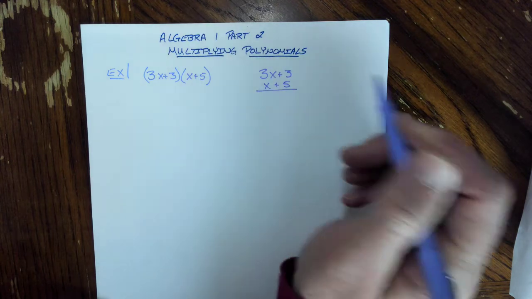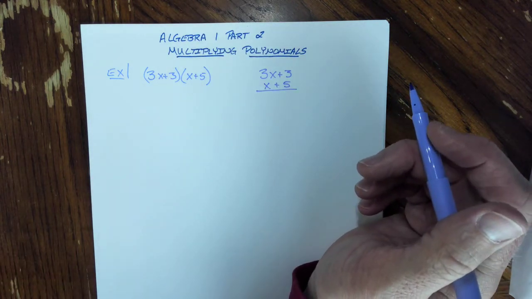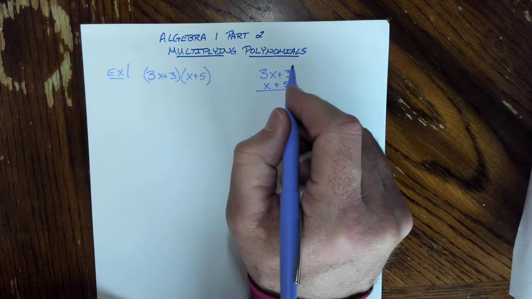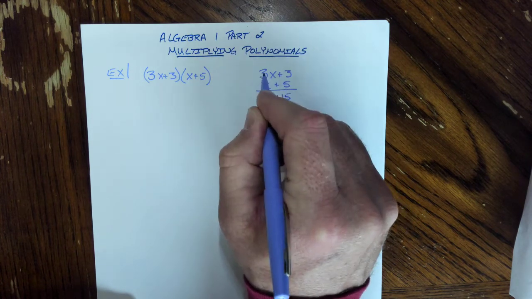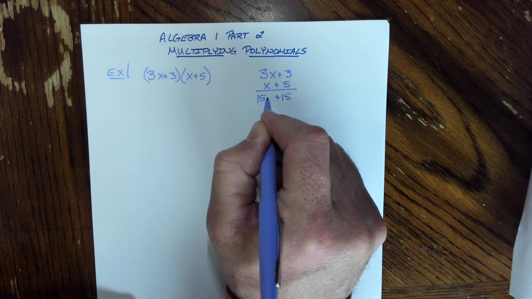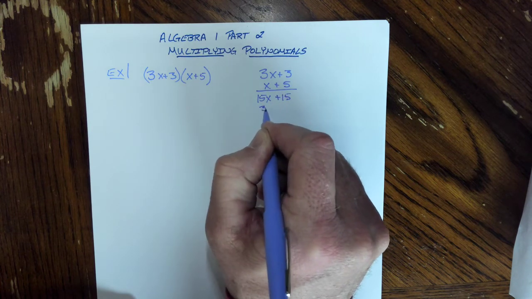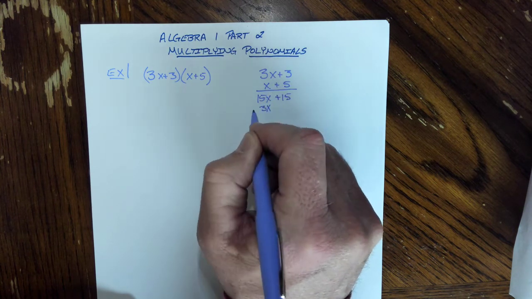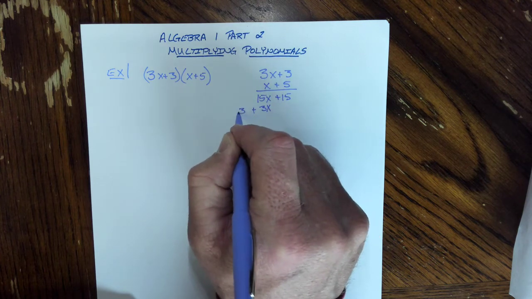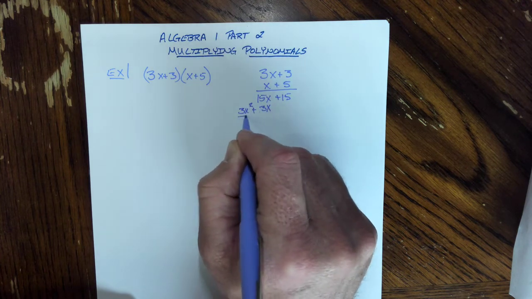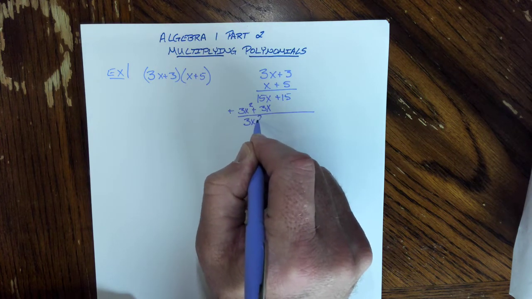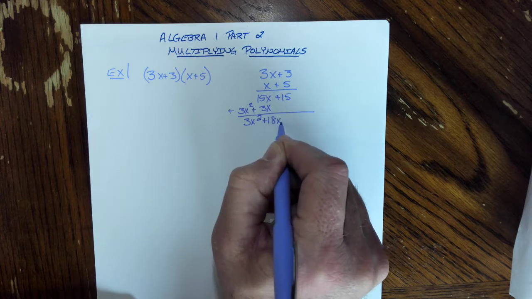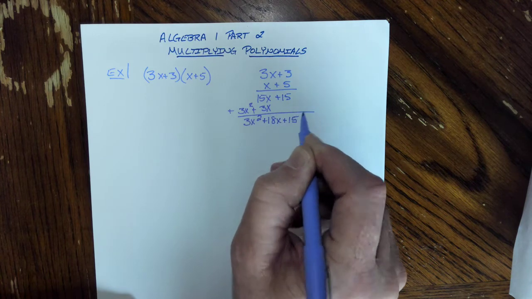Nice thing about setting things up vertically is when you multiply them out, you can get your like terms lined up pretty easy. That would give us a positive 15. That gives us 15x. That gives us 3x positive. That gives us 3x squared. Add together: 3x squared plus 18x plus 15.